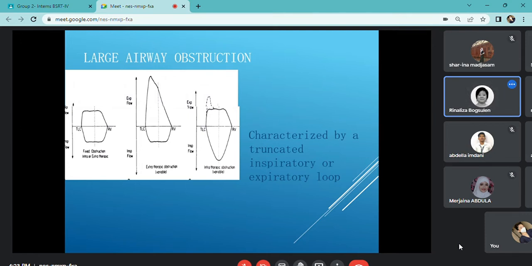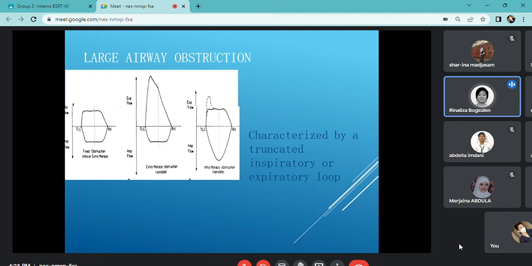Plus, either an increase in your TLC or a normal TLC. Or, pwedeng RV to TLC ratio ang nag-increase. So, yun yung mga titingnan nyo pagdating sa inyong obstructive lung diseases. Plus, of course, you try to look at the loop. The typical loop of an obstructive lung disorder shows scooping out. So, yan yung kailangan nyong tingnan.